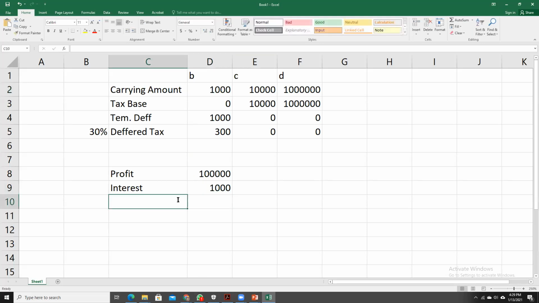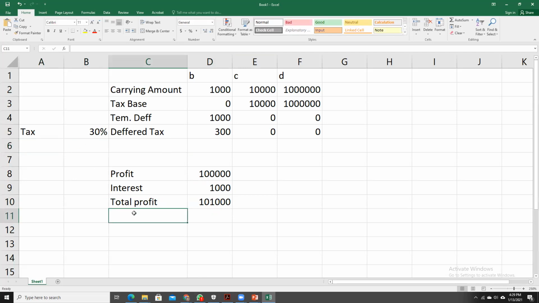Then total profit, how much? 101,000. And say tax rate is 30%.